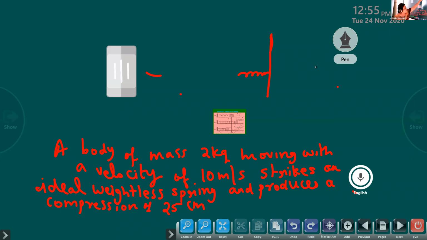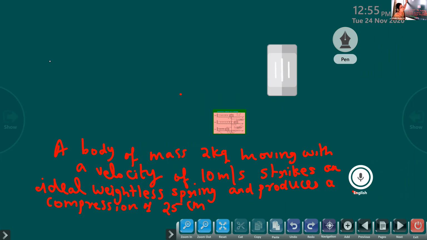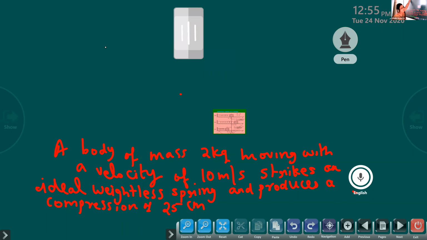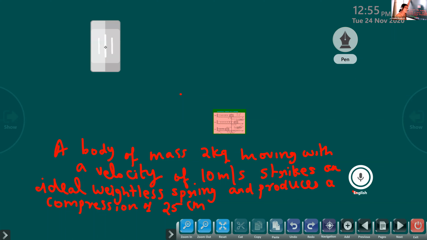From the conservation of energy, what have we learned? Loss in potential energy equals gain in kinetic energy. In this case, the body which is moving is dashing the spring. So who lost, kinetic energy or potential energy? Tell me.